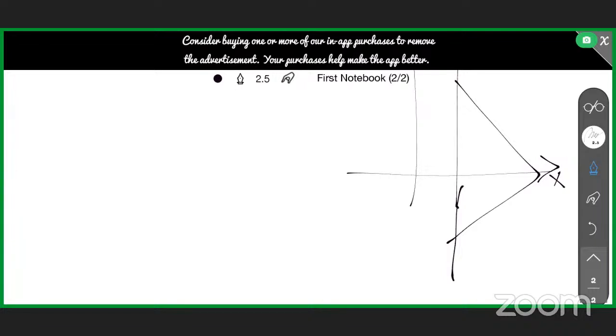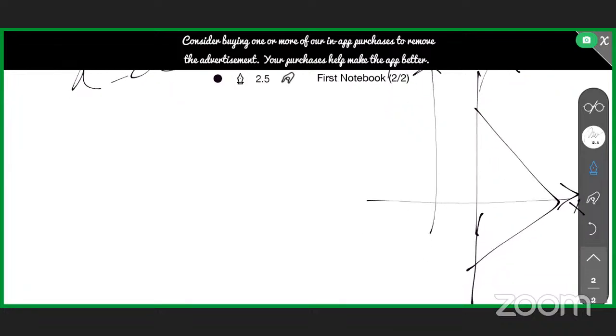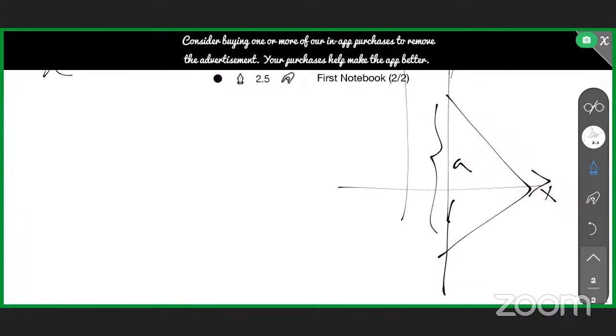We don't know what kind of triangle it is, but the base of the triangle is resting upon the line x is equal to a. The length of this base is given as a units. They are asking us to find the locus of the other vertex.